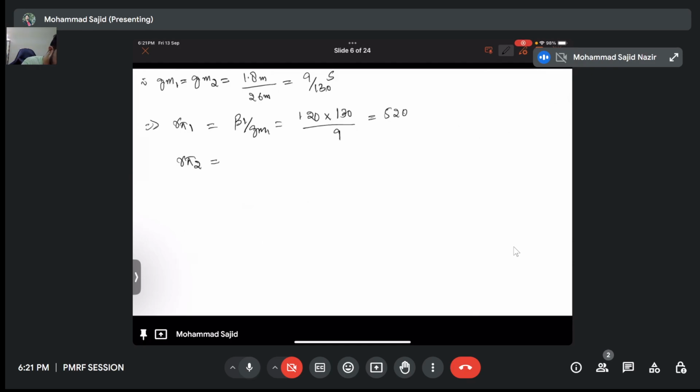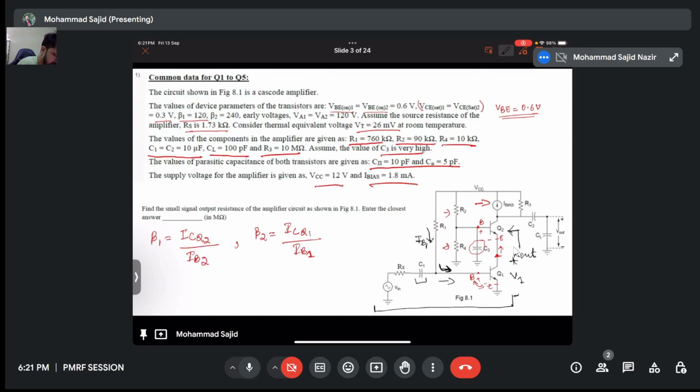Let's keep it in this form. And this is beta 2 by gm2, which is again 240 by 9 multiplied by 130, which is equivalent to 10400 by 3 ohms. Also, we can calculate now r01 and r02, because early voltages are equal, 120 volt.